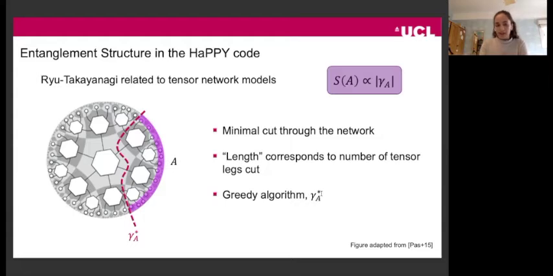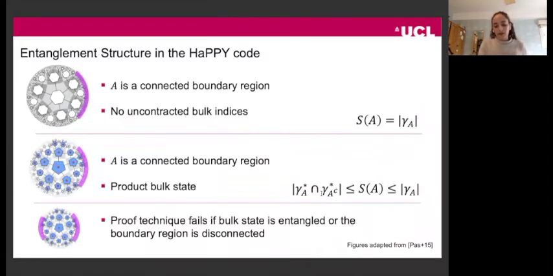And it just iterates, starting from being anchored at A, until it finds a local minimum. So the entanglement structure of the HaPPY code does echo AdS/CFT in that there is some sort of relation.